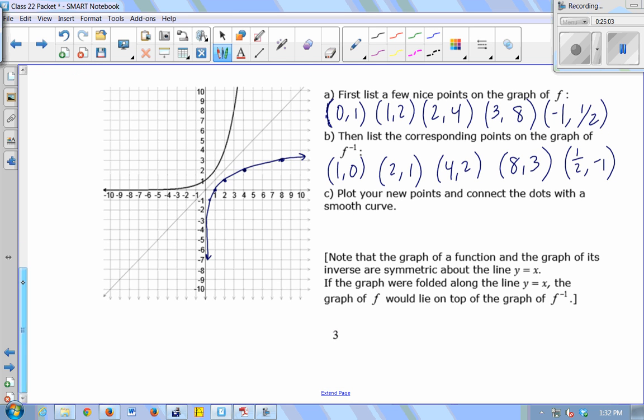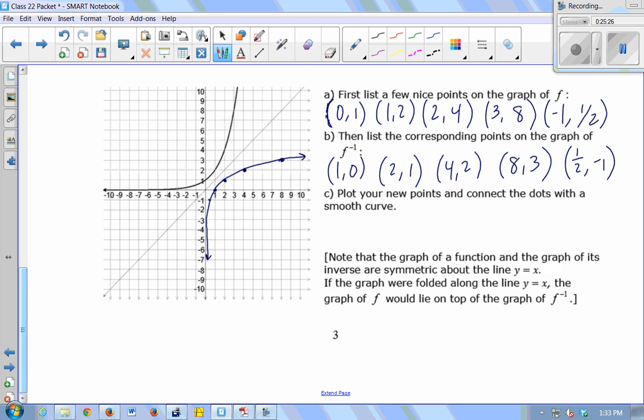So what do you notice about the graph of f and the graph of f inverse? They're both functions. Yes, that's true. They are a reflection, yeah. It's not origin symmetry.